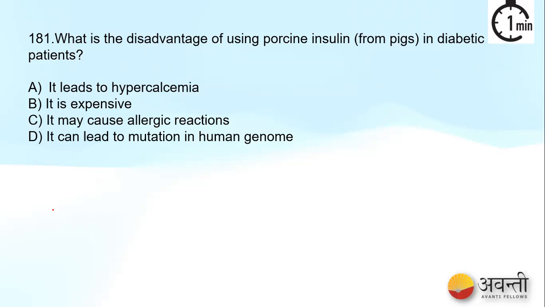So there were a lot of immunity based issues with the insulin extracted from pigs and cows. Most of them were allergic reactions, and not everybody was compatible with this particular insulin. So that is why it was highly necessary to develop the insulin from E. coli. Okay, so that is why option C is correct for 181.